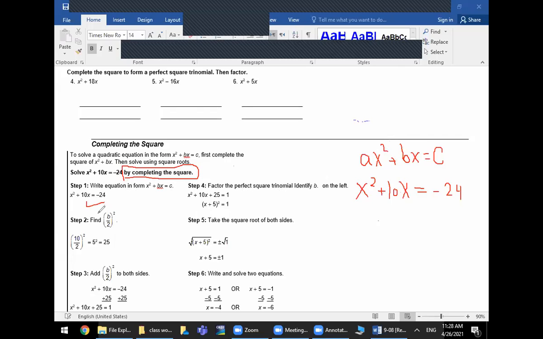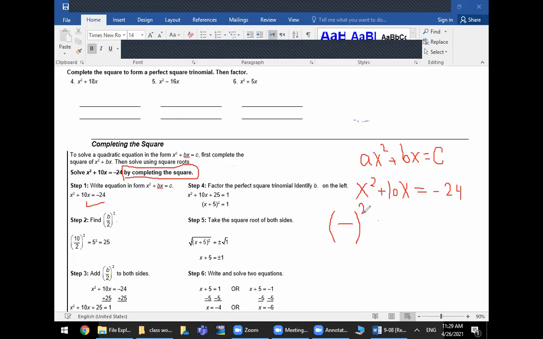Then first we have to write it in the form ax squared plus bx equals c. Second, step 2, we will find the term b over 2, all to the power of 2. Then we will calculate it now. b over 2. Is there anyone who can tell me what we are going to do now?